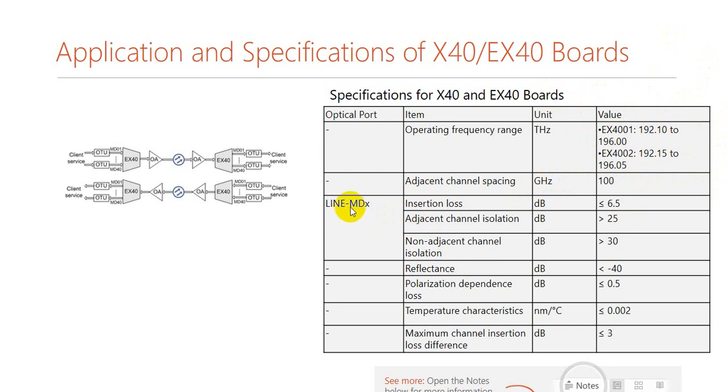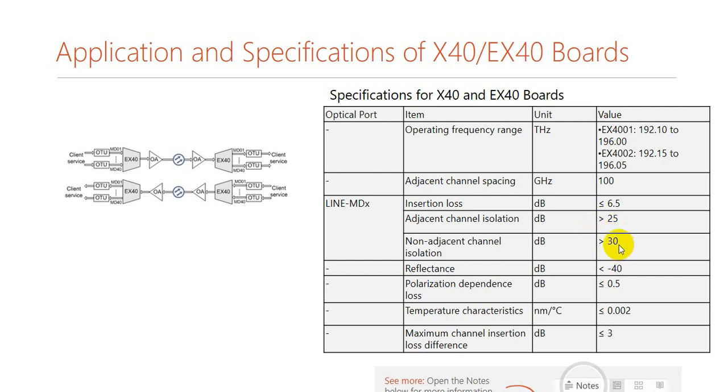From the line board to any MUX or DEMUX port, the insertion loss is less than or equal to 6.5 dB. Channel isolation is greater than 25 dB for adjacent channels and greater than 30 dB for non-adjacent.